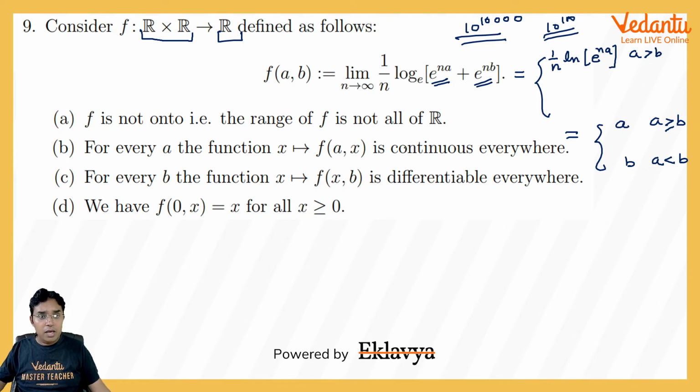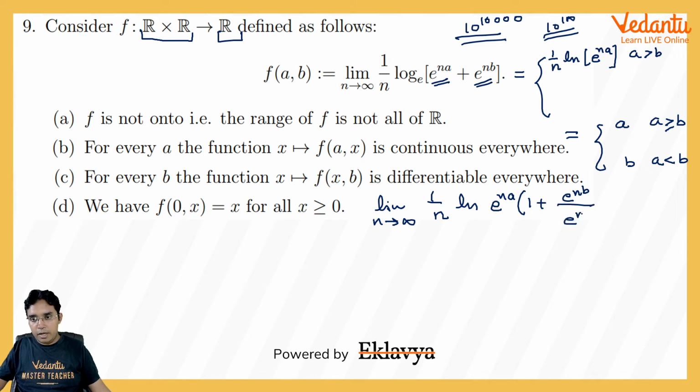Now I'll tell you another way of doing the same thing. Can we write this as limit n approaches infinity, assuming a is greater than b, of 1 upon n into ln of e raised to the power na times 1 plus e raised to the power nb upon e raised to the power na?